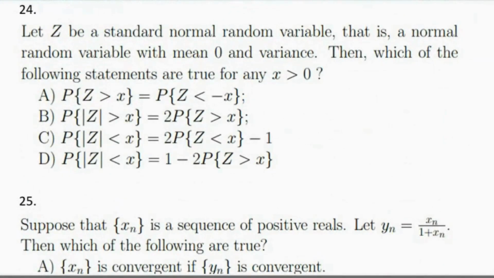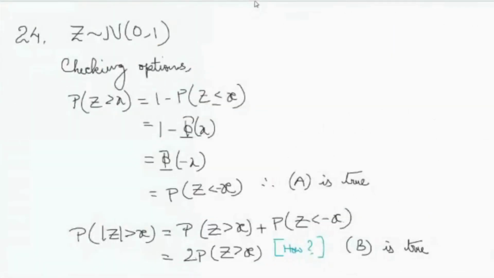So question number 24 says that Z is the standard normal random variable. So we have to check 4 statements for whether they're true or not for any x greater than 0. So Z follows normal 0, 1, and the first option asks us about probability Z greater than x.